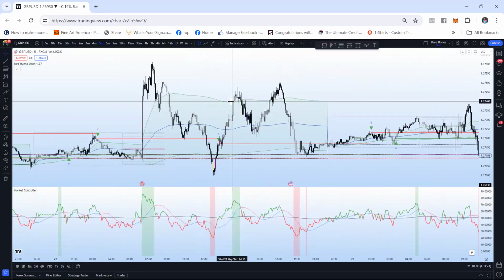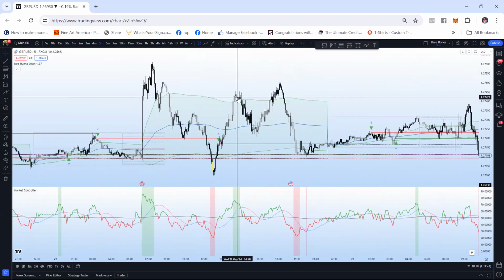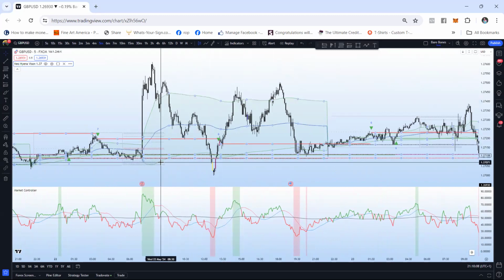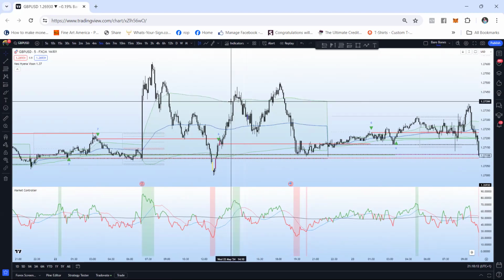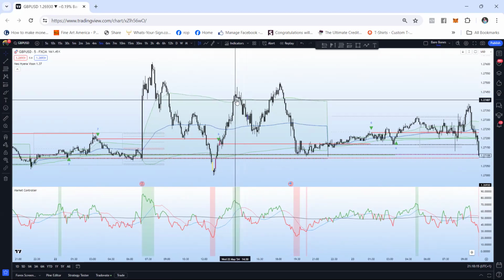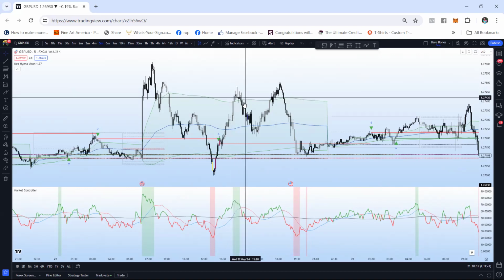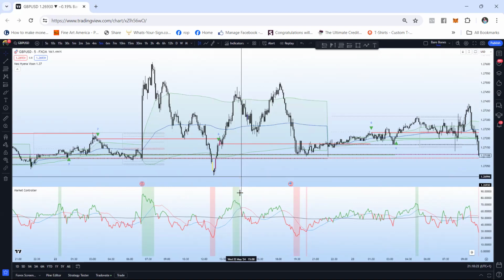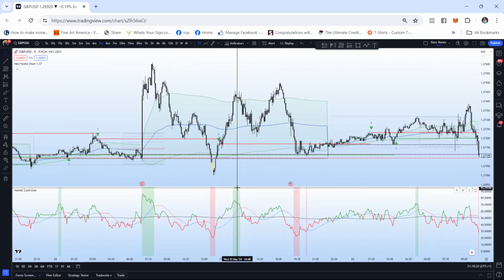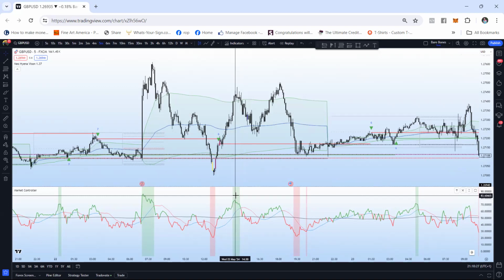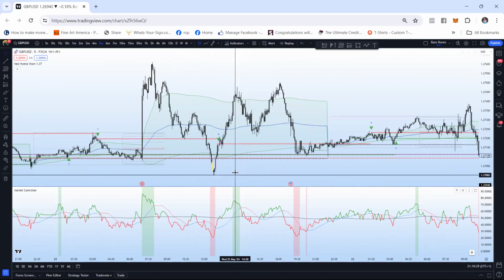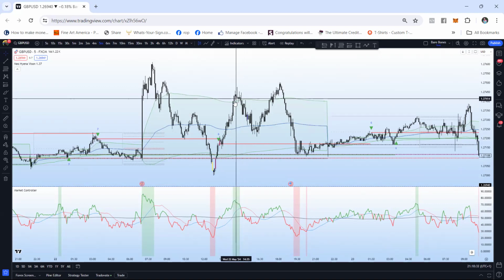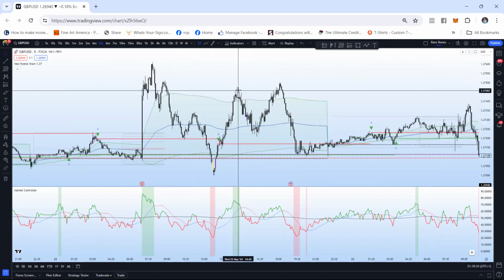So here we have price reaching the VWAP level, right? That's what this green cloud is. That's the VWAP. Okay, so here this is New York Open, right around 1430. It's reaching the VWAP level. You see on the market controller, we have green, which means the retail perspective is like, oh wow, it's breaking out, it's juicy, it's buying up.